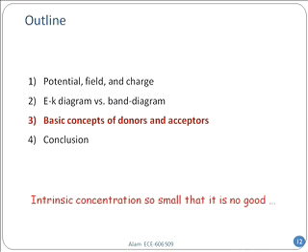Now, I just made this argument a few slides back that the intrinsic concentration of electrons in a semiconductor is very small, 10 to the power 10 for silicon, for 10 to the power 22 atoms, 1 in a trillion. For gallium arsenide, it is 10 to the power 6 per 10 to the power 22. 1 in every 10 to the power 16 atoms, you have 1 electron sitting.